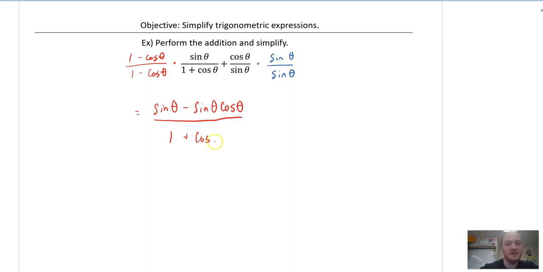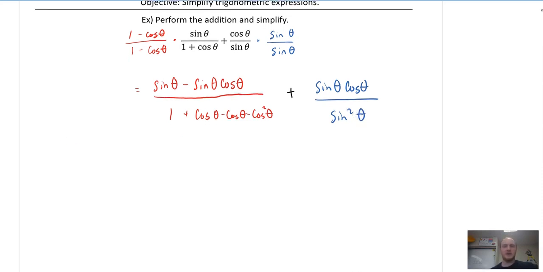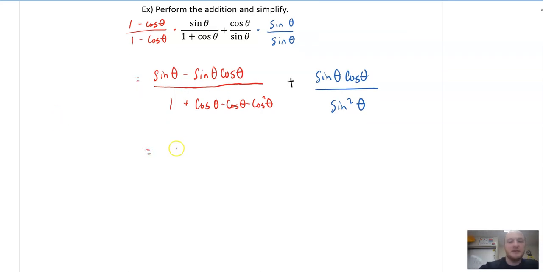So 1 plus cosine theta minus cosine theta minus cosine squared theta, plus, over here, we get sine theta cosine theta all over sine squared theta. So again, all I did was just distribute.